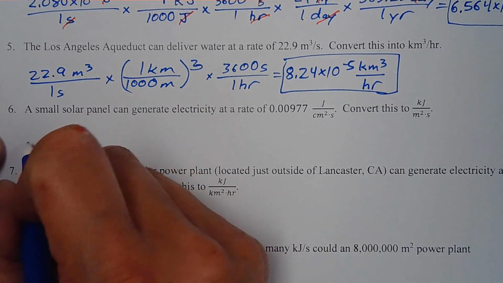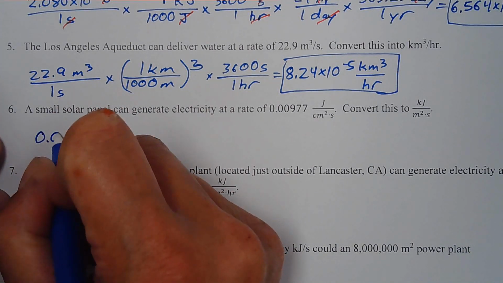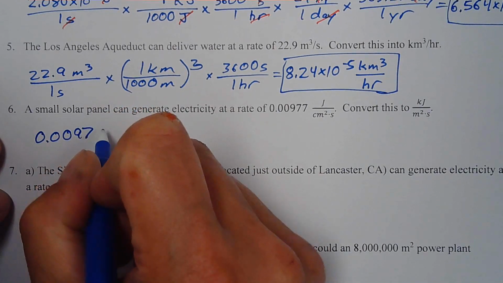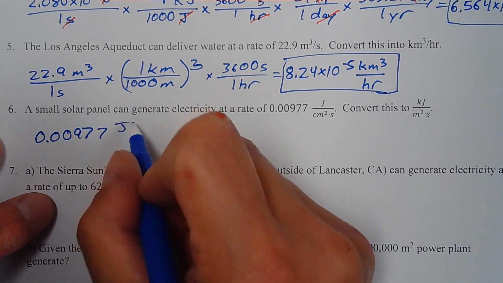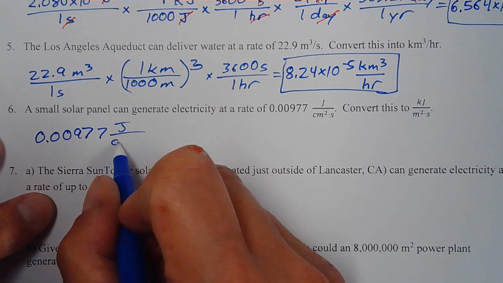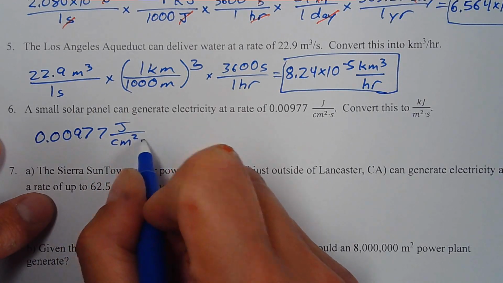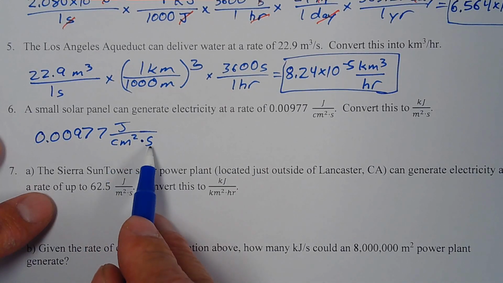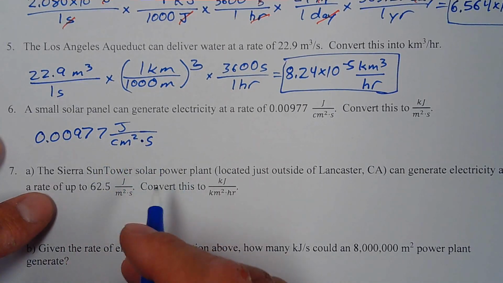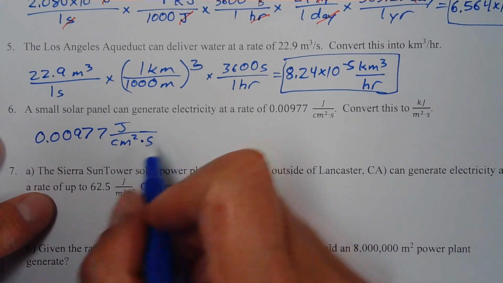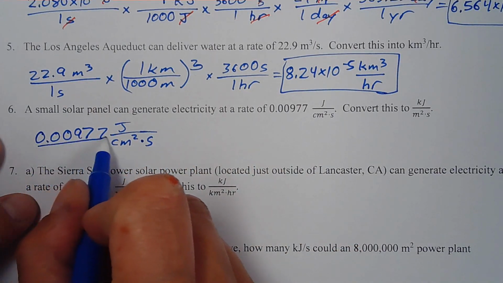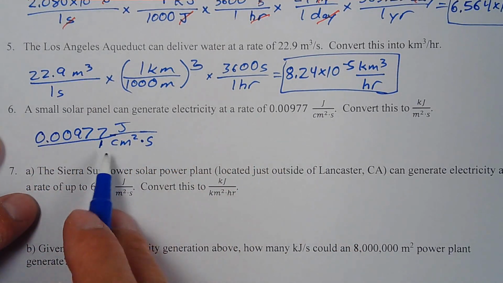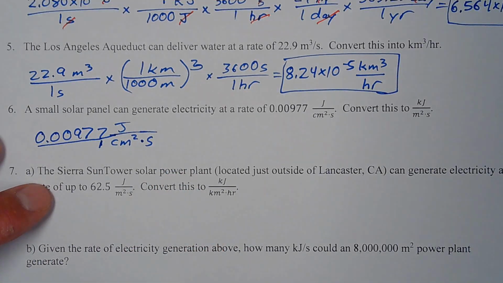Okay, here we go. 0.00977 joules per cm squared dot s. That dot means that the centimeters squared and the seconds are multiplied together in the denominator of this fraction. If you want, you could make this a fraction where you have 1 square centimeter second on the bottom.